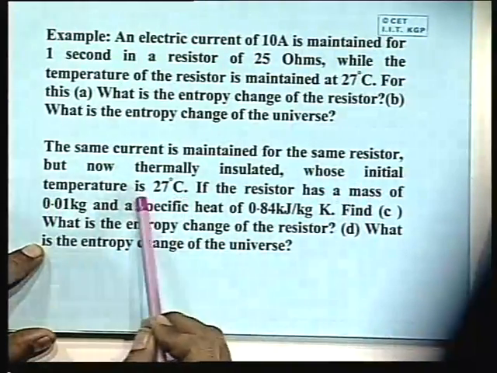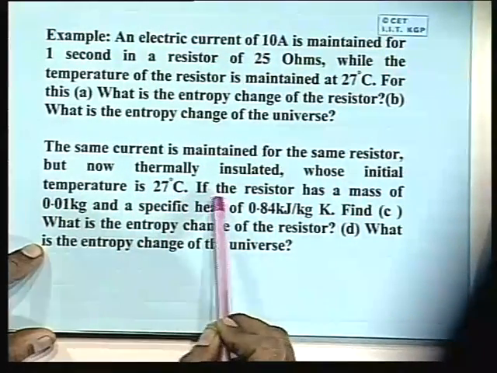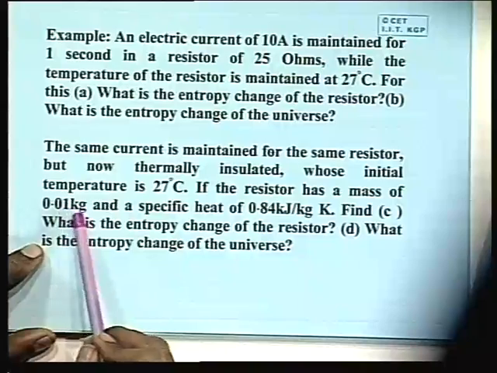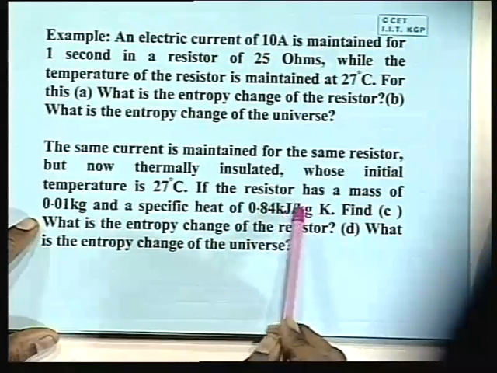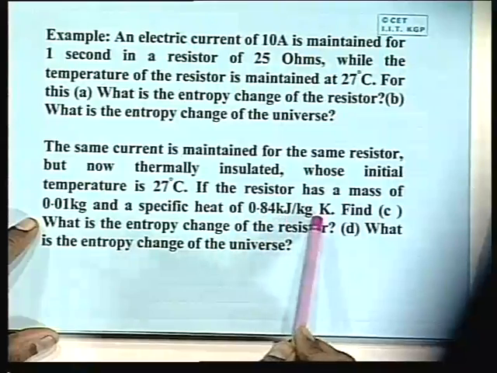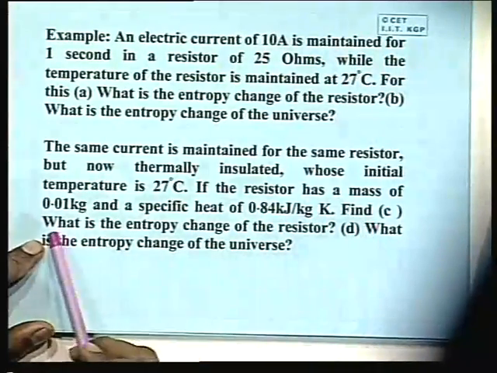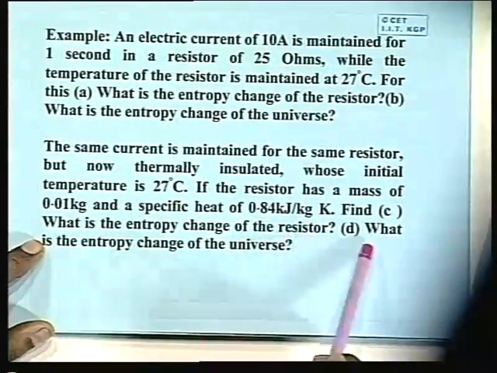So the initial temperature is 27 degrees. If the resistor has a mass of 0.1 kg and a specific heat of 0.84 kilojoule per kg K, this is the unit of specific heat as you know, find the entropy change of the resistor and that of the universe.